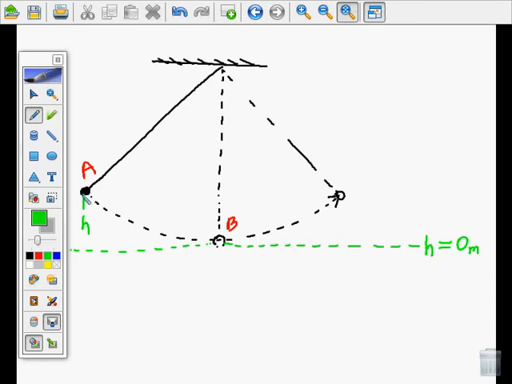And then up here at point A, its altitude is a little bit higher.